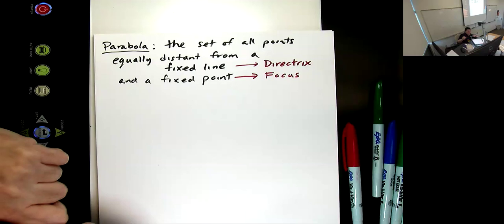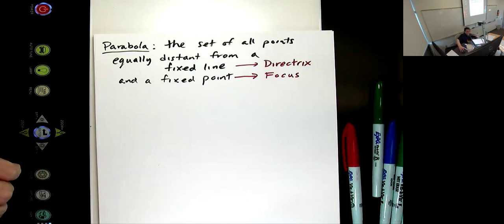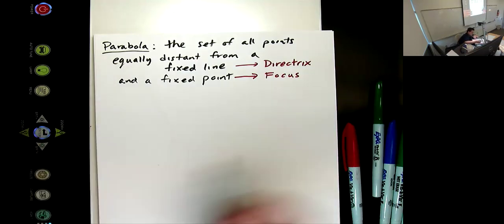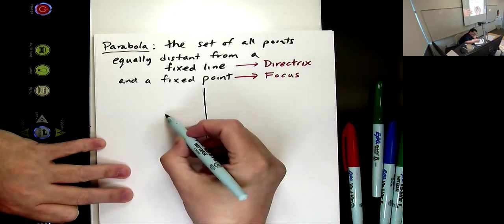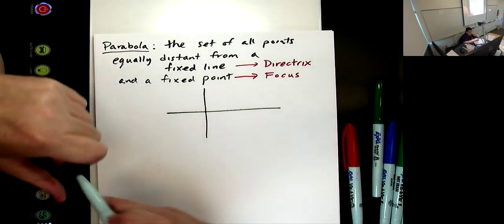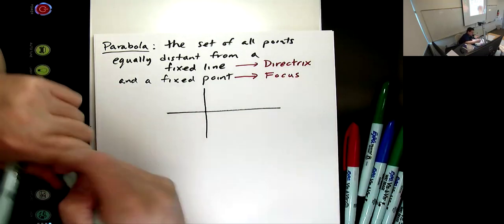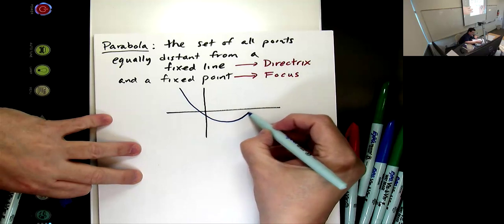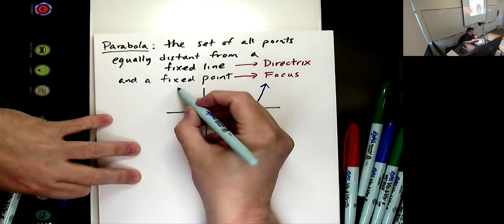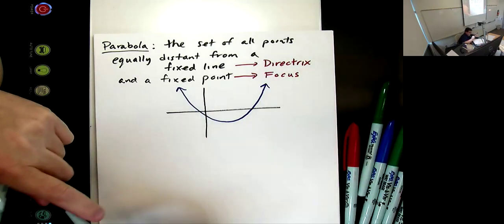I'm going to try to do this where it looks reasonable. There's a good chance this is going to look bad. Got to get the right roundness on the parabola. So we'll say that's our parabola.